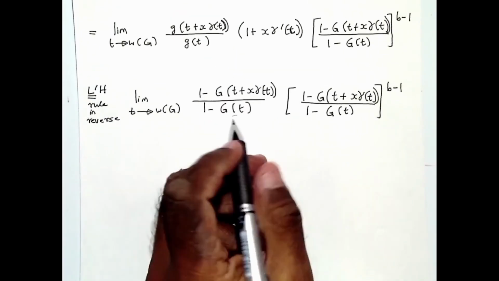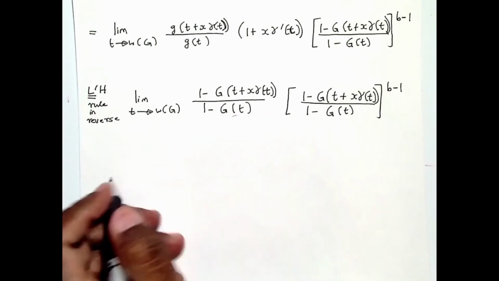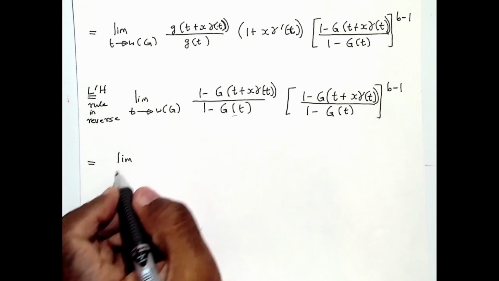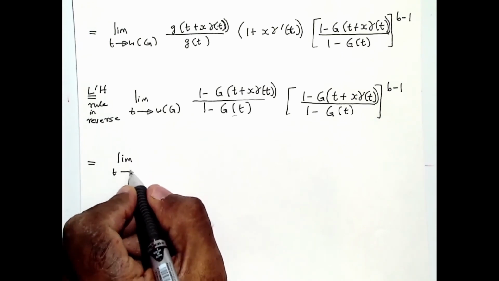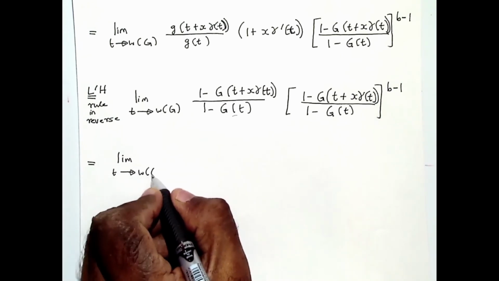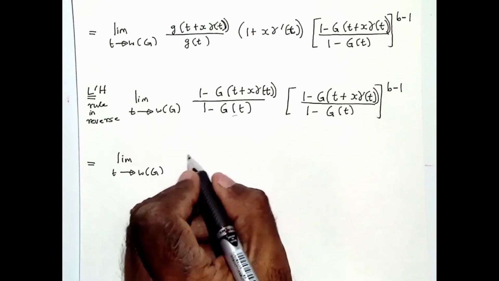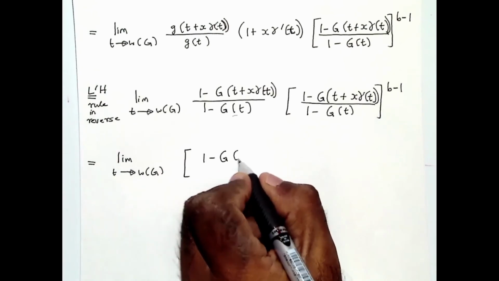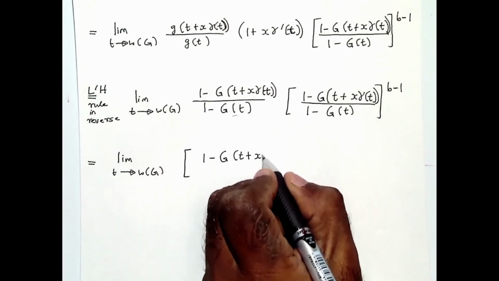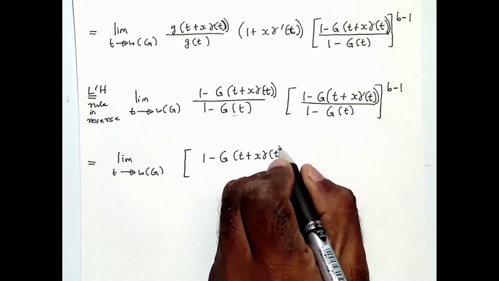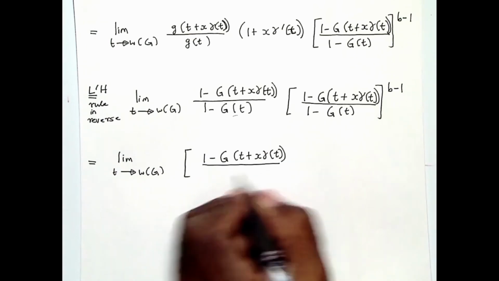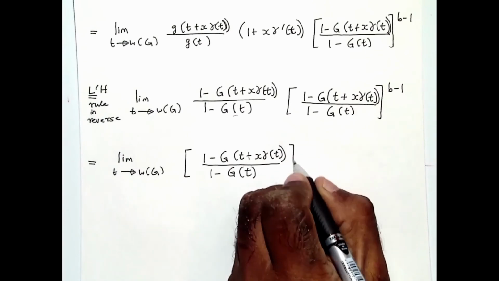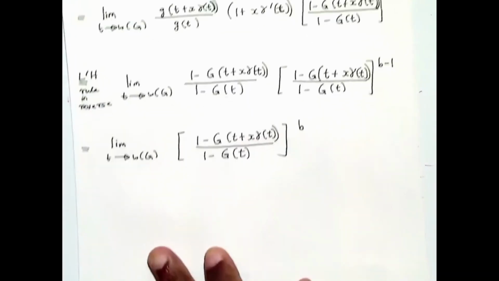All right, so now these two are the same, so you can combine them together. So you get limit to the power b, right?